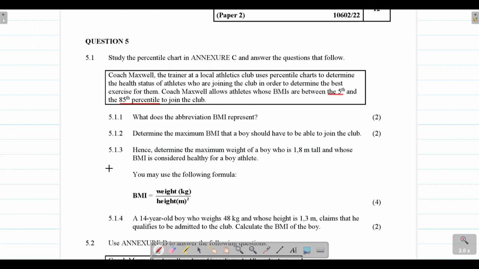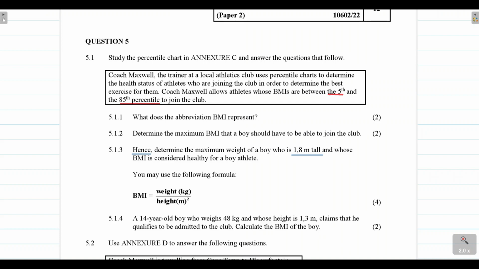Okay, next question. Question 5.1.3. Hence, determine the maximum weight of a boy who is 1.8 meters tall and whose BMI is considered healthy for a boy athlete. So when you see a question that says "hence", this tells you that you need to use the answer that you've obtained in the previous question to answer this question.